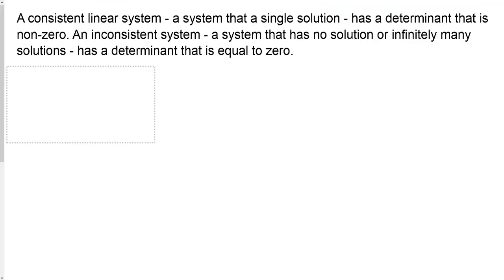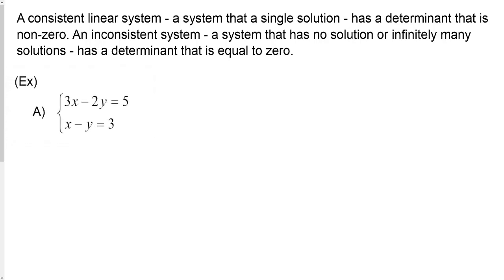Let's see how that might be useful. A consistent linear system, a system that has a single solution, has a determinant that is non-zero. An inconsistent system, a system that has no solution or infinitely many solutions, has a determinant that's equal to 0. So let's take a look at a system of equations.